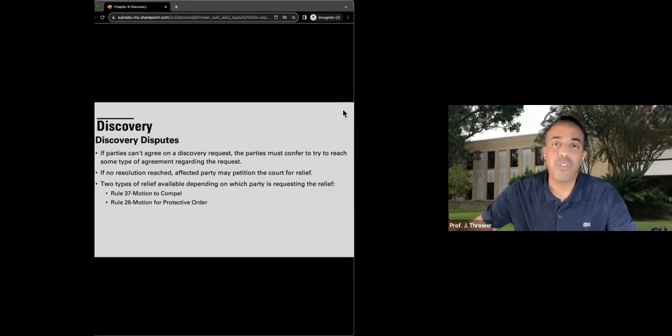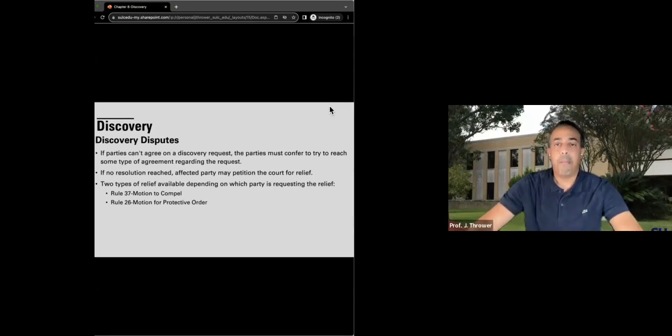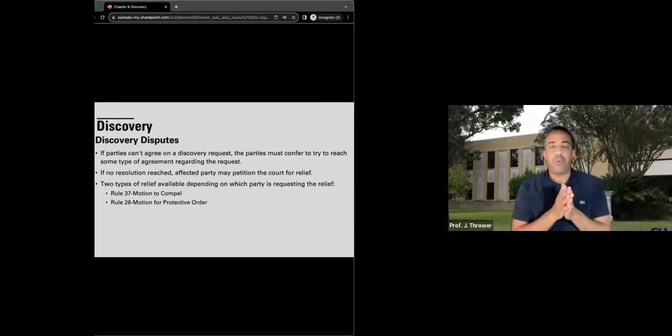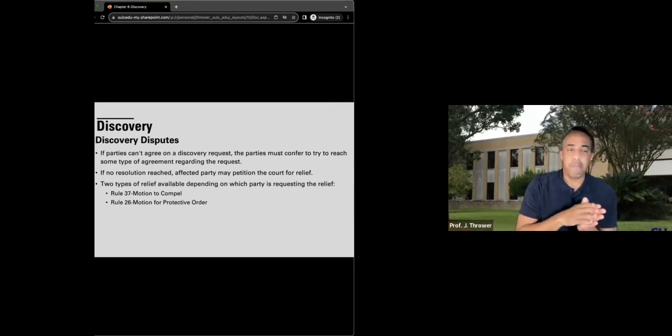If they aren't able to reach resolution, then the affected party may approach the court to seek an order to resolve the dispute. Now, when you get to this point, there are two types of relief that are available depending upon which party is requesting the relief.